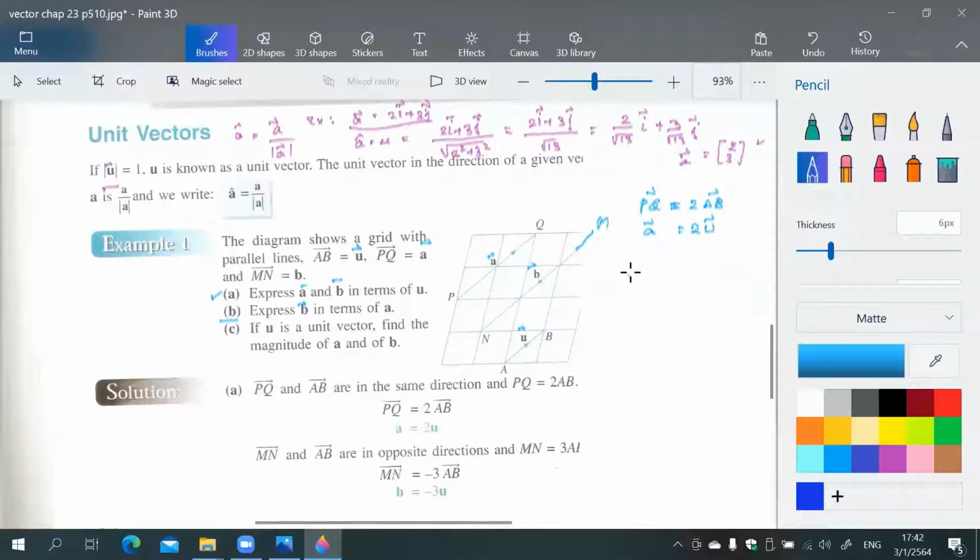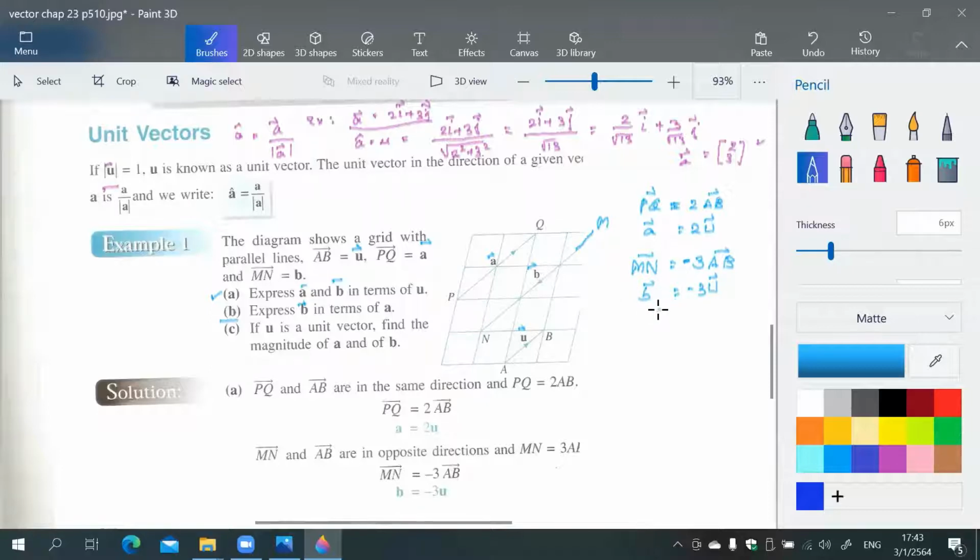So vector MN equals how many times AB? 3 times vector AB, correct? But they have opposite direction. MN goes this direction, but AB goes this direction. You see the arrow. So we have to put a negative sign. So MN, vector B, equals minus 3 AB, equals minus 3 vector U. So we got the answer for vector B.